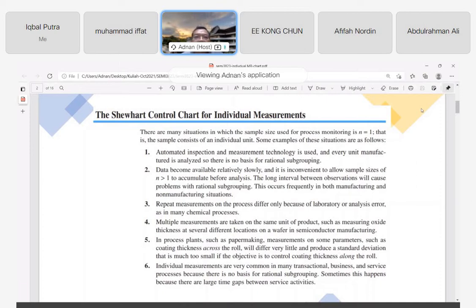We have vision systems, we have sensors. In the past, you had to take out this component and measure it offline. But now, due to automation, we are able to measure individual pieces.